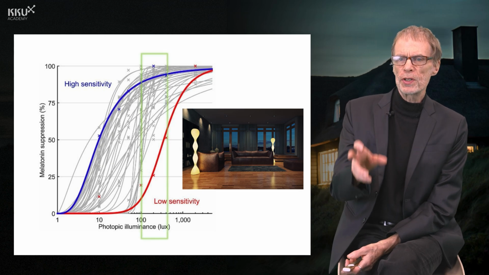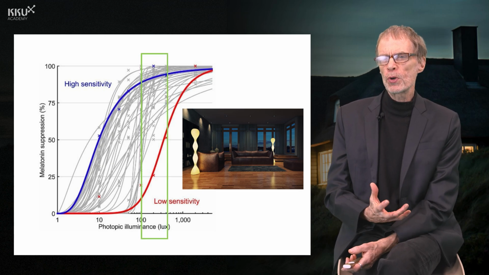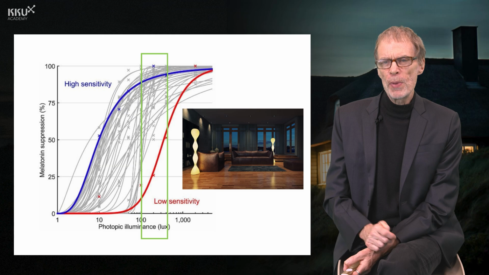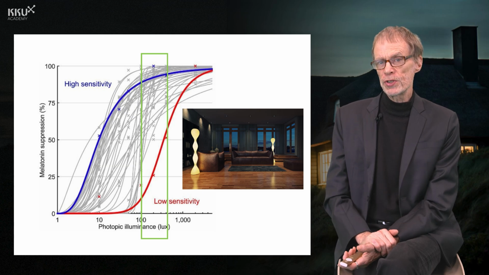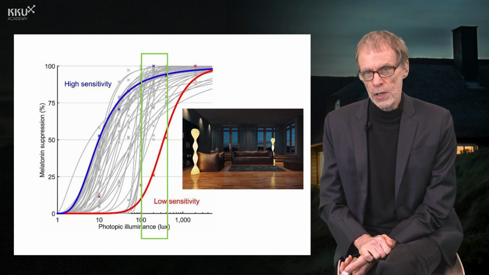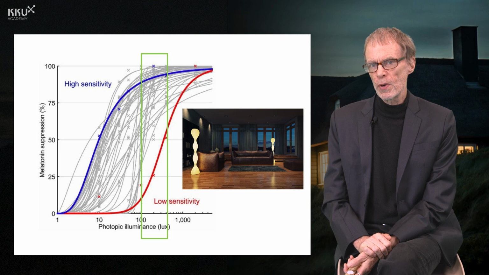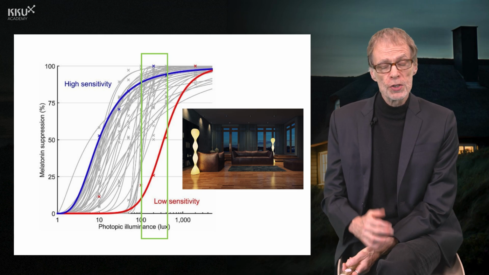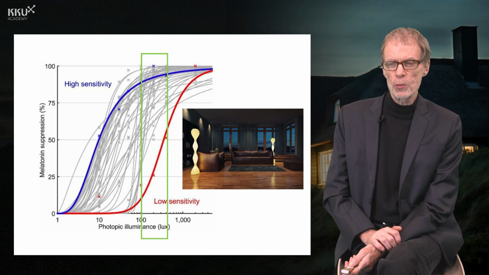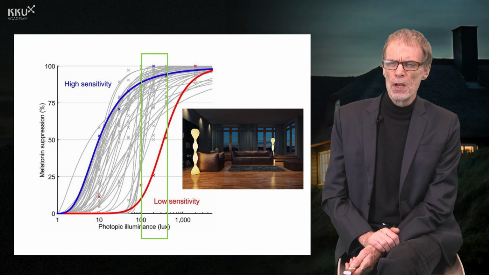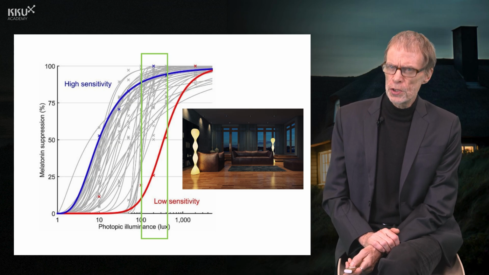The green box that I'm showing in here represents a typical living room, and the boundary condition that I'm outlining here shows that melatonin can be anywhere from 75 to 25% suppressed just with normal lighting that we see in the home at night. So the way we light our homes is not good in terms of melatonin suppression.